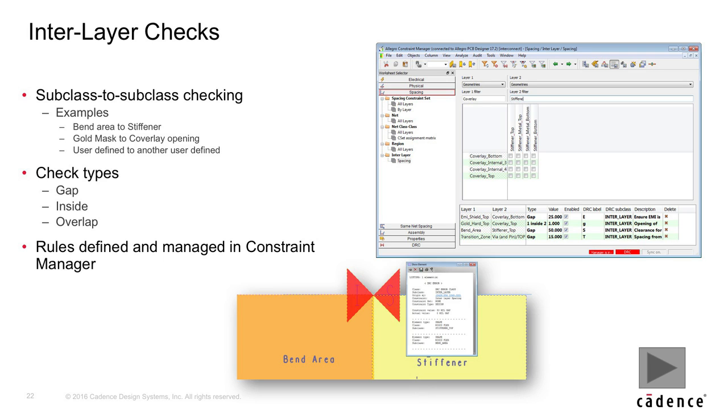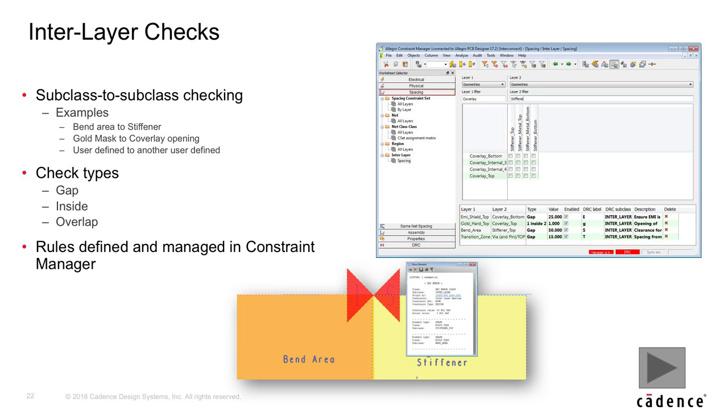Another important aspect of rigid flex design is with so many different types of mask layers, cover lays, and other materials, many subclasses are used to represent these objects.